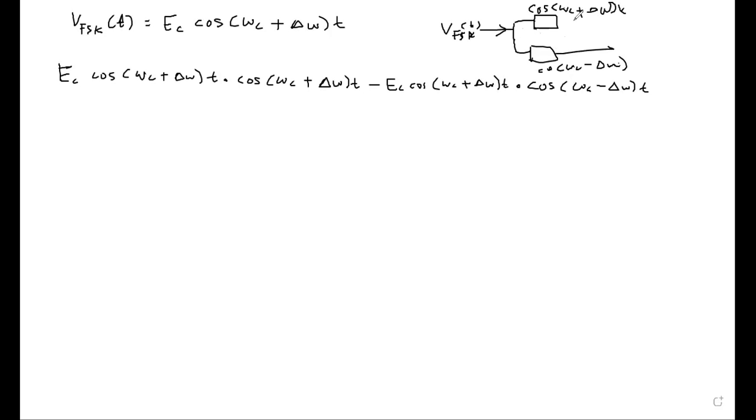Then we sum this one plus the below with minus, and we have the LPF.